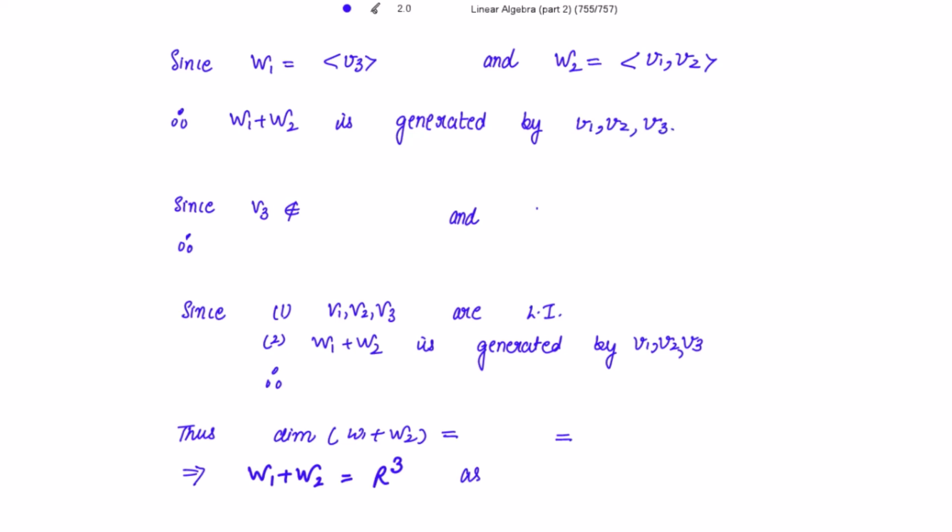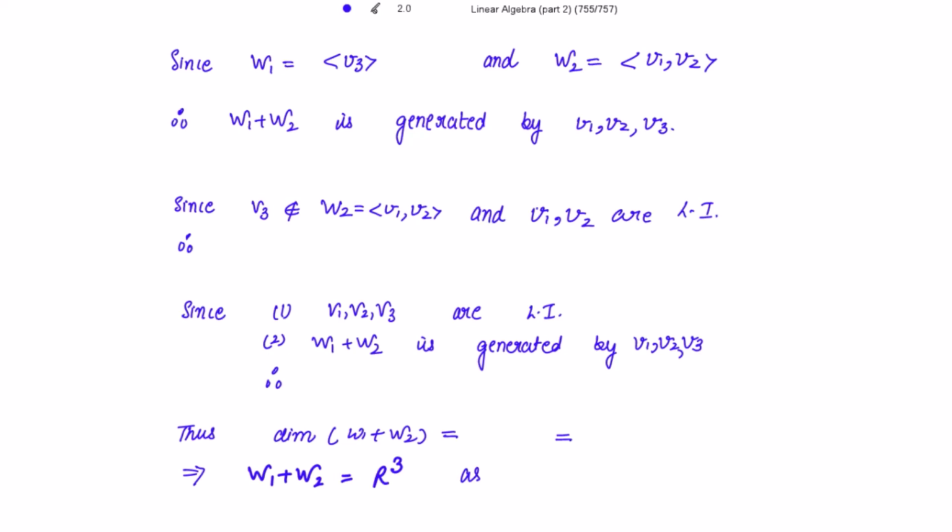Now we are required to show that V1, V2, V3 is linearly independent. Now since V3 is not belonging to W2, right? And W2 is generated by V1 and V2, and V1 and V2 are linearly independent because these are the basis for W2.